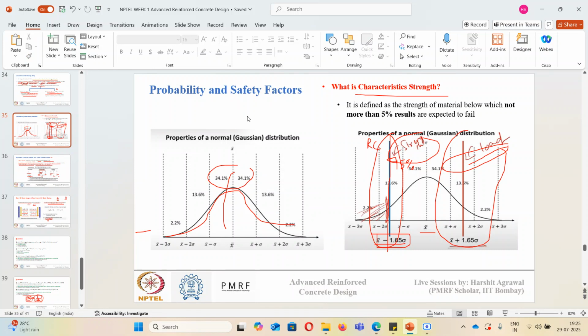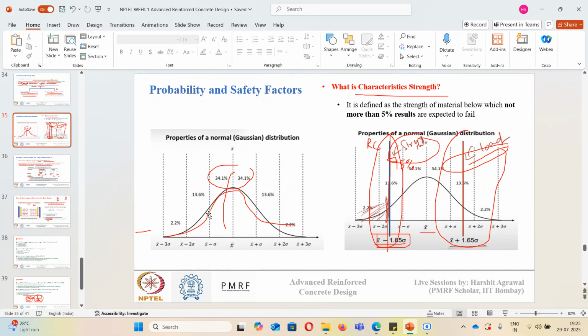I prepare 10 concrete samples and do compression testing after 28 days. I won't get 25 MPa in all of them. Some will show 25, some 28, some 22, some 23. This is the representation of the distribution of the strength, or the capacity, of my mixture.